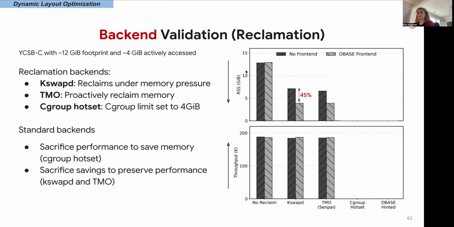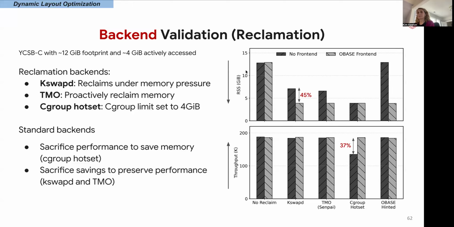But with OBASE, when you have K-swap-D plus OBASE, it reduces memory footprint by 45%. And at the same time, the throughput really does not change much. This is because you're reducing the total working set size of your pages because you're putting all the hot stuff together. So fewer pages are really hot right now.